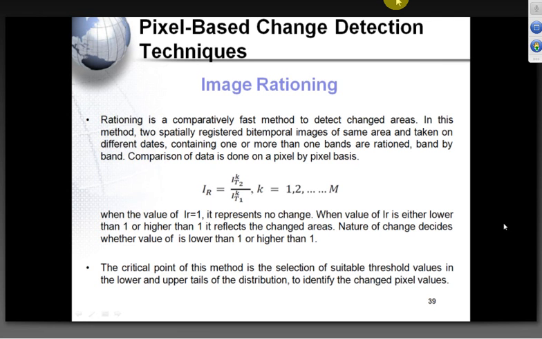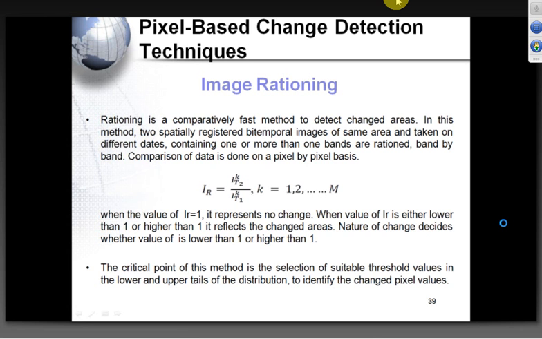When the ratio is 1, it represents no change, but when the ratio is more than 1 or less than 1, it reflects some change. It reflects the changed areas. The critical point of this method is the selection of suitable threshold values in the lower and upper tails of the distribution to identify the changed pixel values.